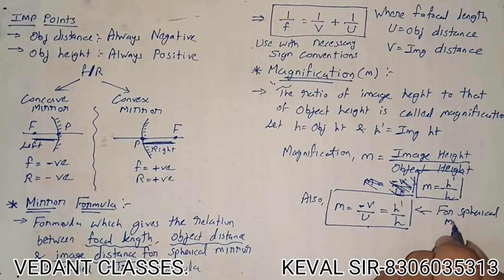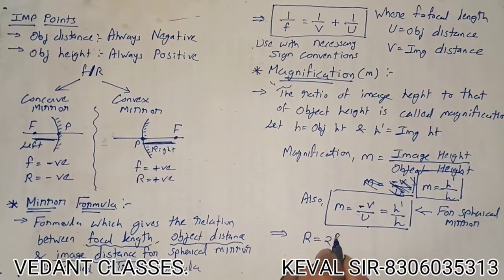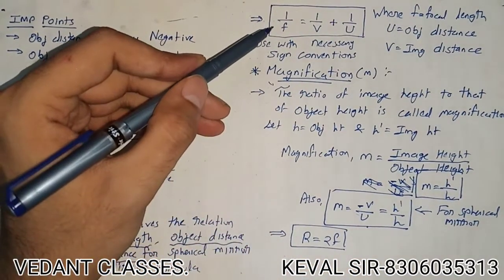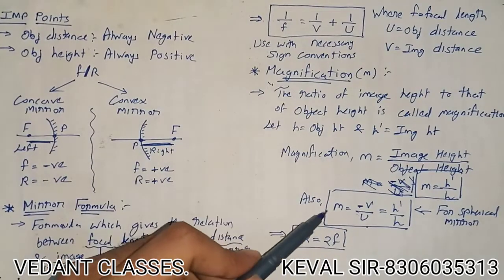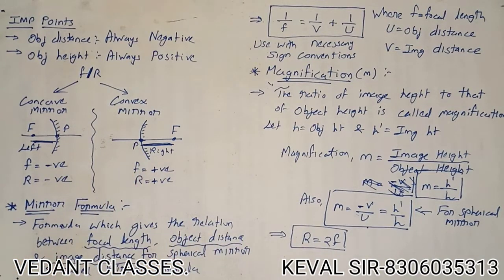It is a very important relation. Also one more relation that we already saw, R is equal to 2F. So a few formulas are there: one is the mirror formula, then the formula of magnification, then third is R equal to 2F. Just remember these formulas, they will help you to solve the numericals.